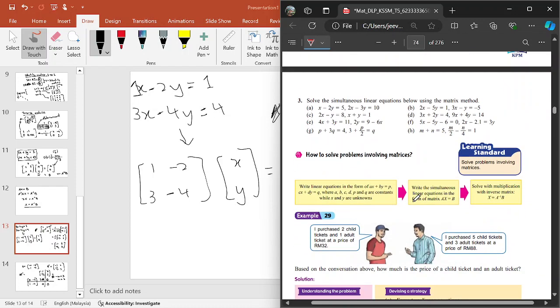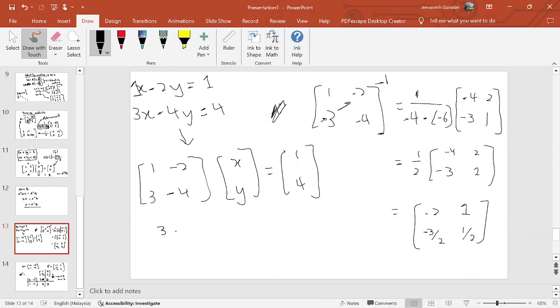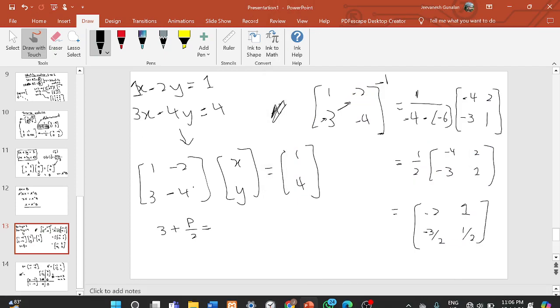It's the same thing for solving the linear equation using the matrix method. And okay, so let's look. If you look at this, right? That is 3 plus p over 2 equals q.